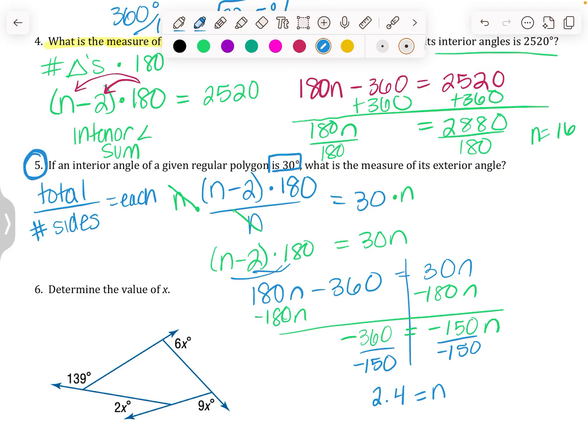Anyways, to figure out the exterior angles, you would take 360 degrees divided by the number of sides. But since I can't figure out what I did wrong on finding the number of sides, we'll have to come back to that. I apologize. I think there must be an issue with the regular polygon having a 30 degree interior angle, because it doesn't come out to be an even number of sides.